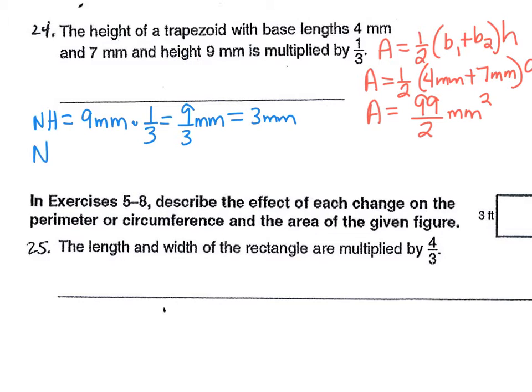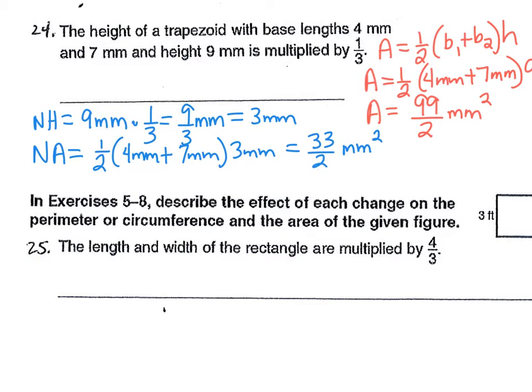So the new area using that height would be 1/2, and then base 1 is still the same, base 2 is still the same, times the height. That would be 11 times 3 is 33, and then divided by 2, right?